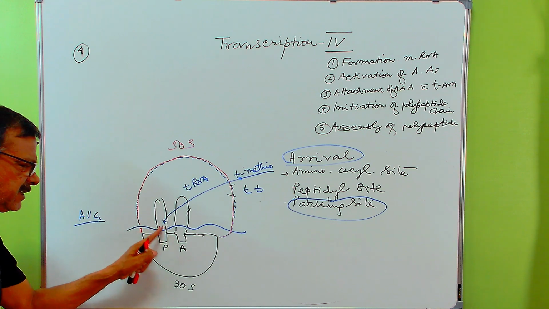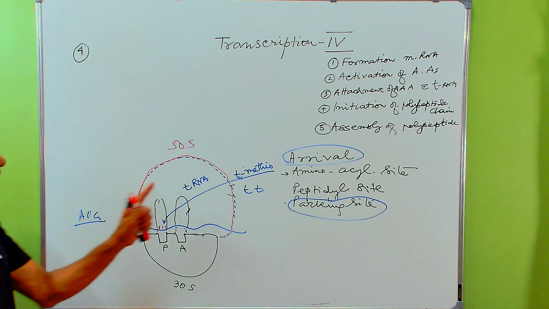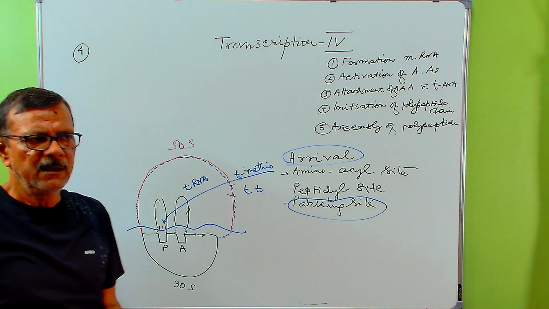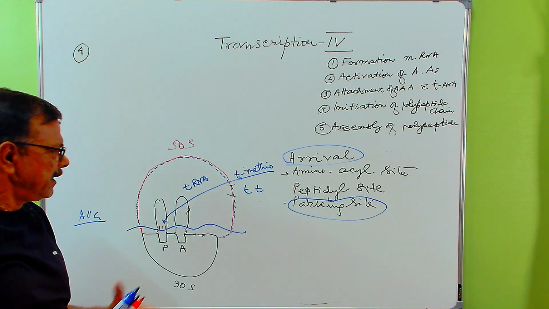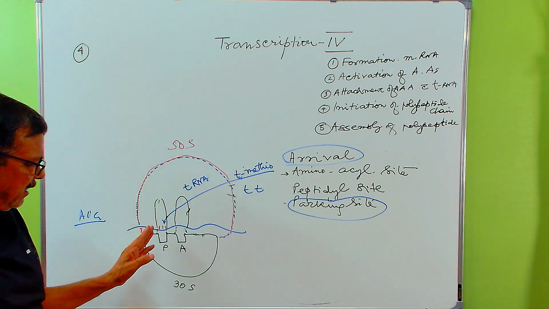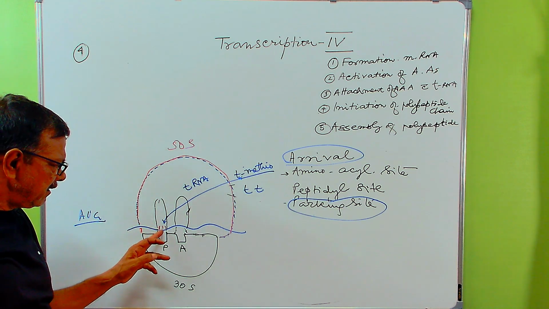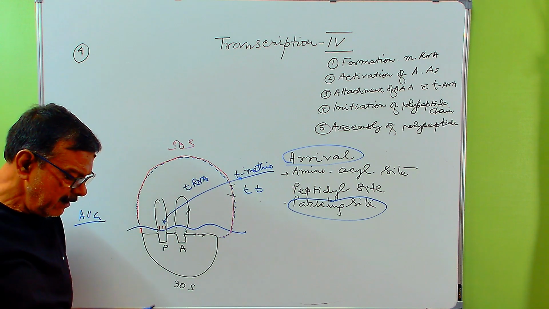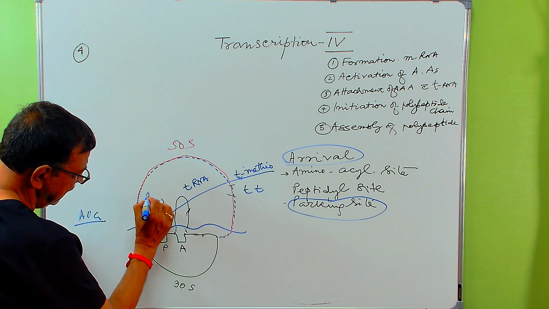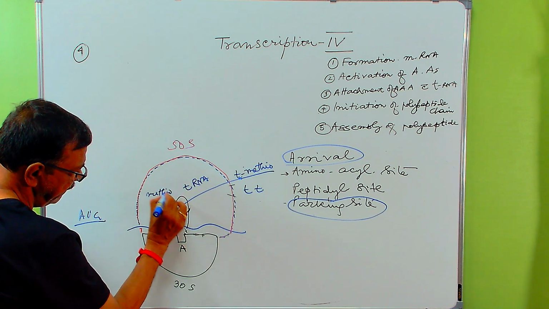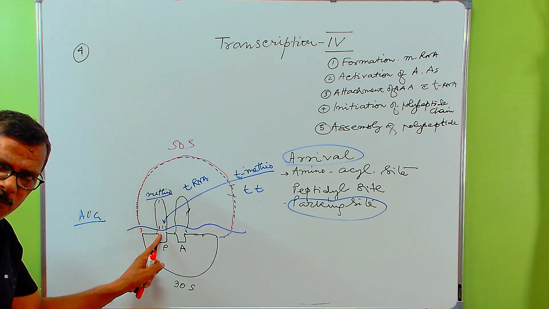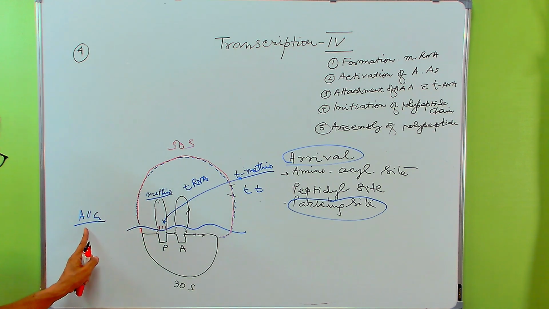This is the initiation site. So the first tRNA carrying methionine usually sits in the P site. Clear? Methionine will be formed because this is the initiation codon, which starts with AUG.